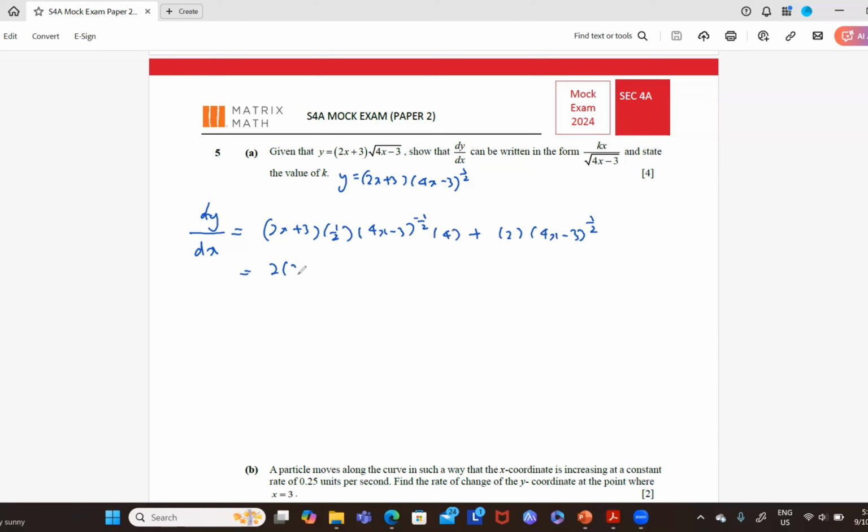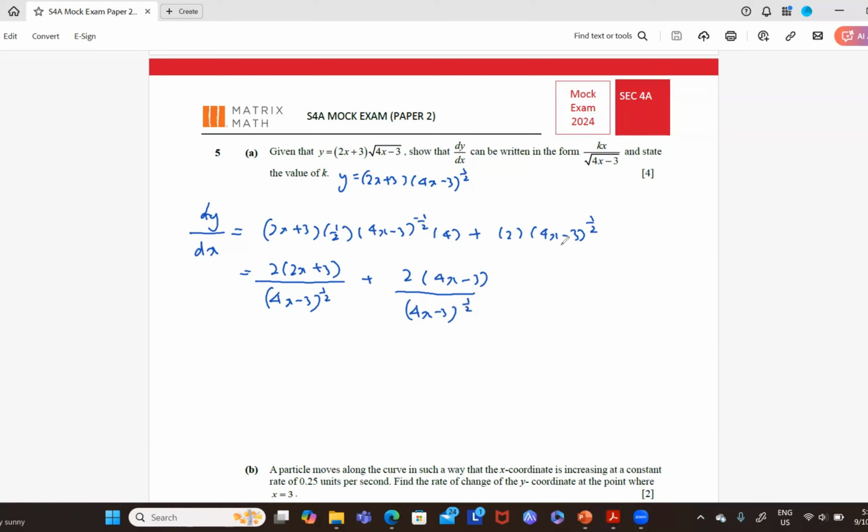So you can write down 2(2x plus 3) over (4x minus 3) to the power of half, plus 2 times (4x minus 3) to the power of half, which can be rewritten as (4x minus 3) over (4x minus 3) to the power of half.